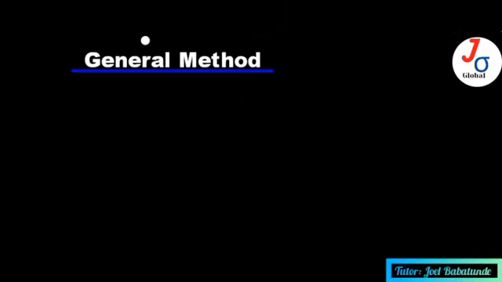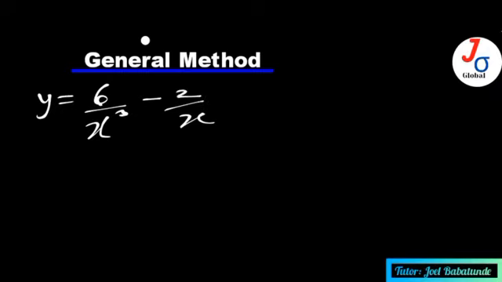All right, so let's take another example. y equals 6 over x to the power 3 minus 2 over x. So how do we differentiate this? First, I have to write this in a simplified way so that I can differentiate.